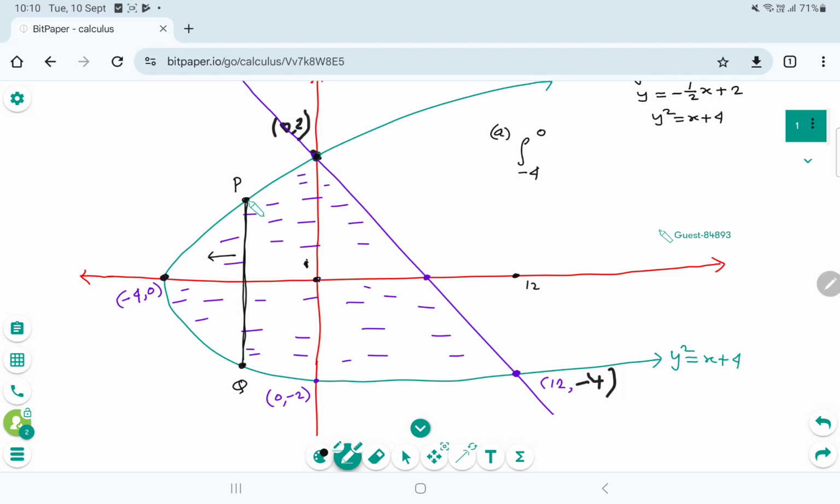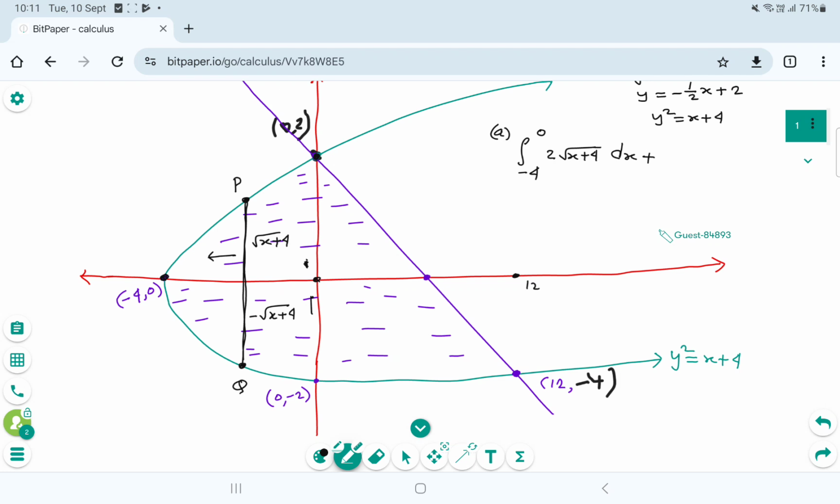P of x will be the parabola minus parabola. This is the positive square root of x plus 4, and this is the negative square root of x plus 4. So this and this will be 2 square root of x plus 4, times dx. This is exactly PQ, this height.